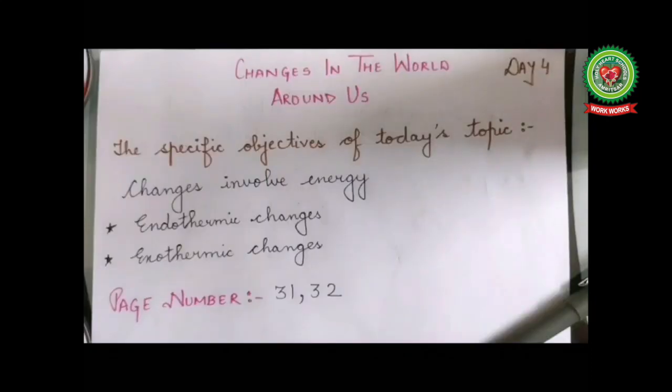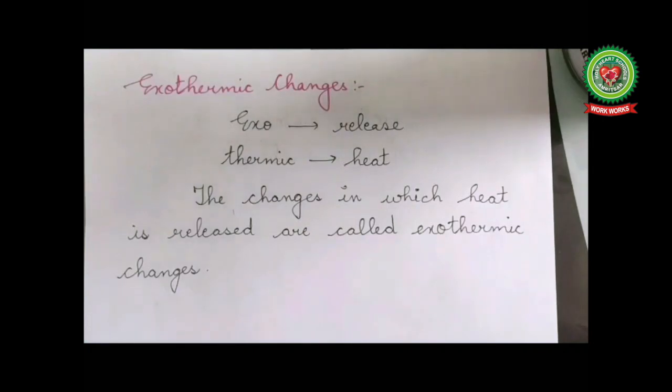Now let's discuss exothermic changes with the help of an example. When you burn a matchstick, heat is released during this process. Heat is released means given out. This type of change in which heat is given out is called exothermic change. Exothermic changes. Exo means release, exit, given out.